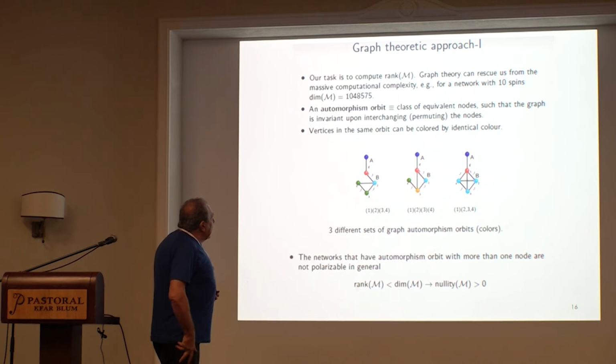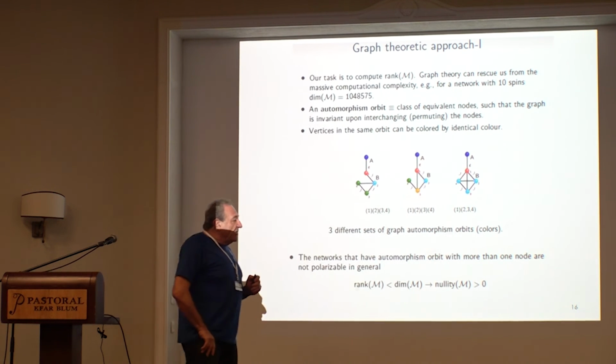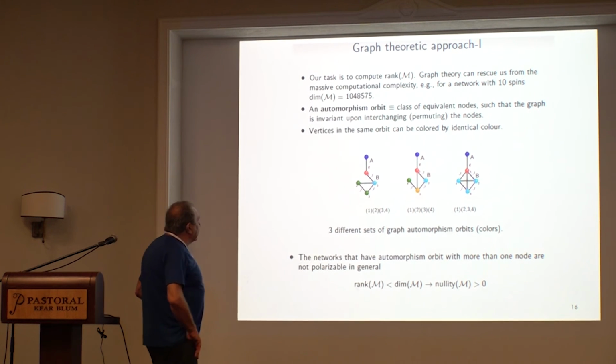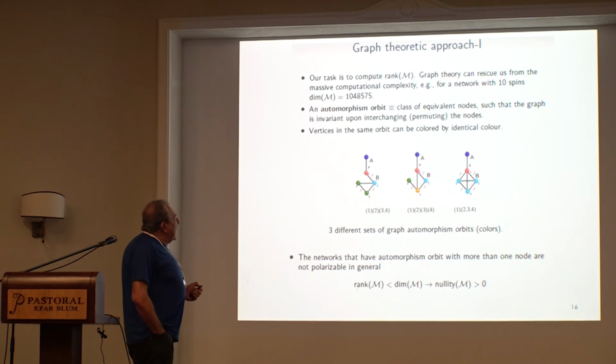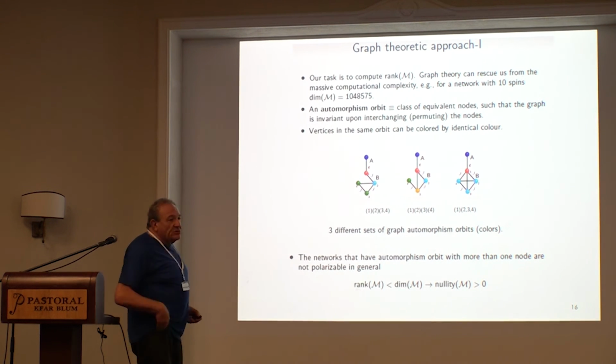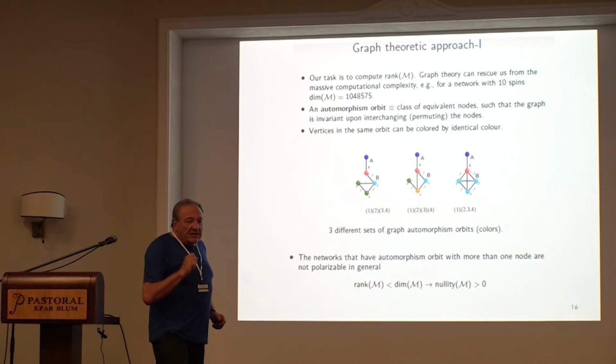And here, what we have found is that we are saved by graph theory. If you classify the graphs according to their symmetry under permutation, then permutable nodes have the same color, that's how you choose to do that, and only if you have no degeneracy, no multiplicity of these permutable nodes, can you polarize the network.